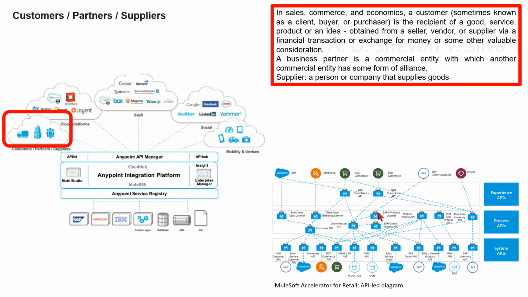RCG SAP S4 HANA event listener. The SAP event listener application supports the following functionality. Listens for order events from SAP S4 HANA, converts the event payload to CIM and publishes it to Anypoint MQ.